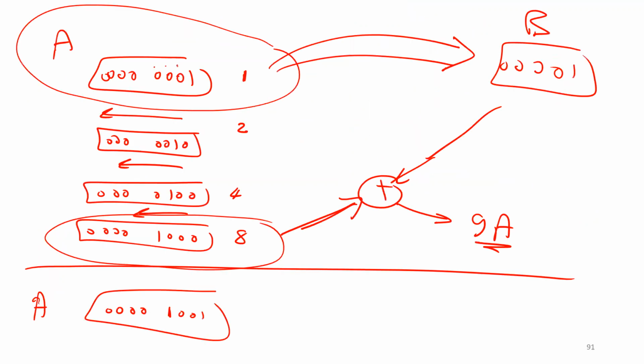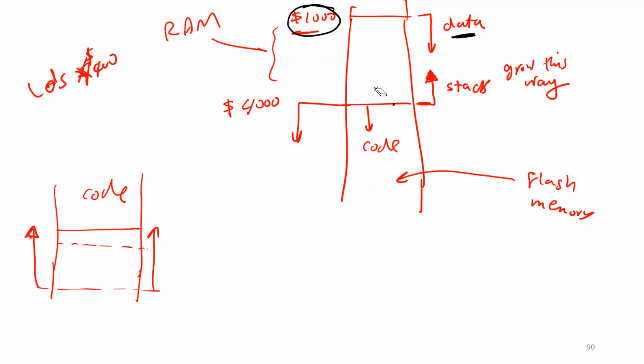So you have to make sure you have the space free from 1,000. If you have this amount of data, your stack shouldn't cross this border. It's your responsibility to make sure of that.